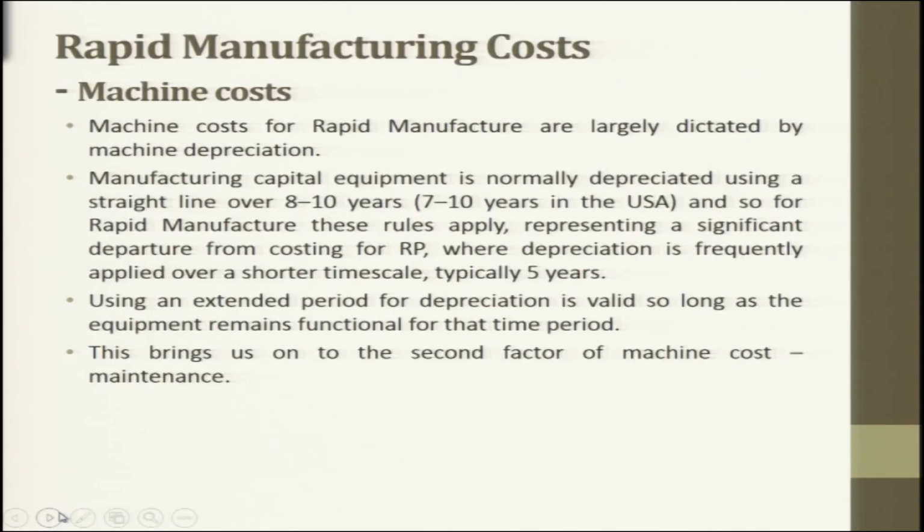Rapid manufacturing costs. First cost in rapid manufacturing, we can call it machine cost. Machine cost is the equipment cost. Machine costs for rapid manufacturing are largely dictated by machine depreciation.